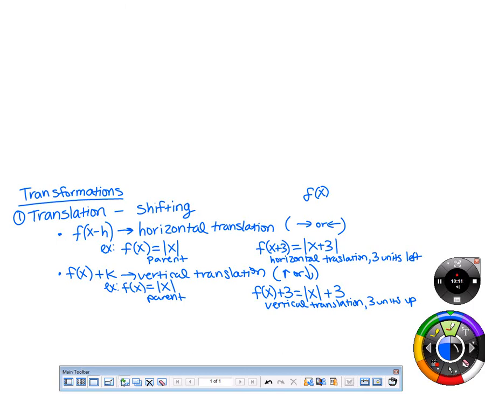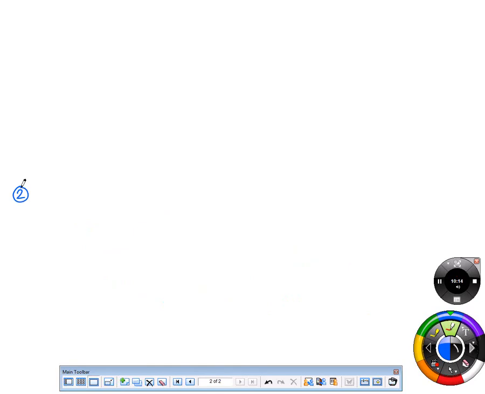So for reflections, so our second transformation, we're going to list our reflections. So if I wanted to reflect the absolute value graph horizontally, even though it doesn't change, what used to be at the x-axis at 1, so you don't have to write this part down, but think about this. So this point that used to be on the graph lined up with the x value of 1, if I'm reflecting it horizontally, I now want this point to move to the other side and be lined up at the x-coordinate of -1, right?